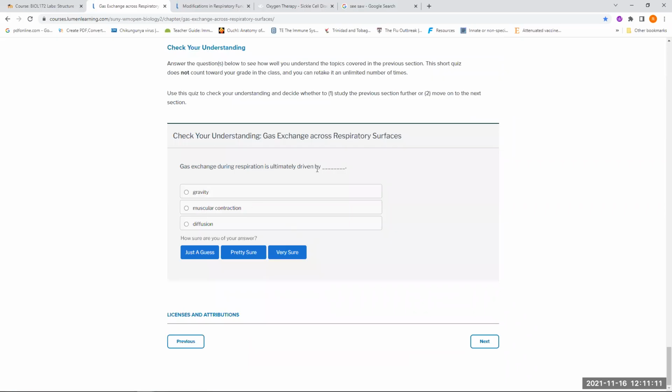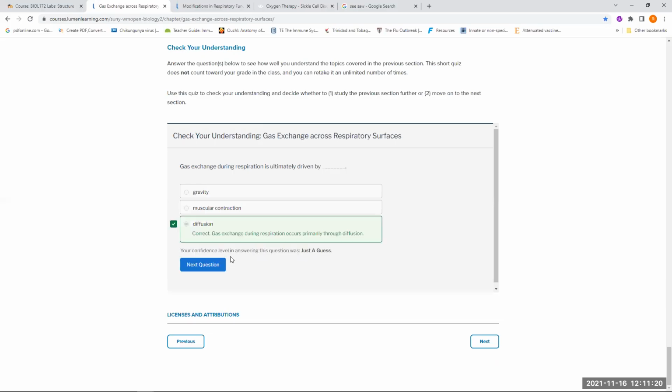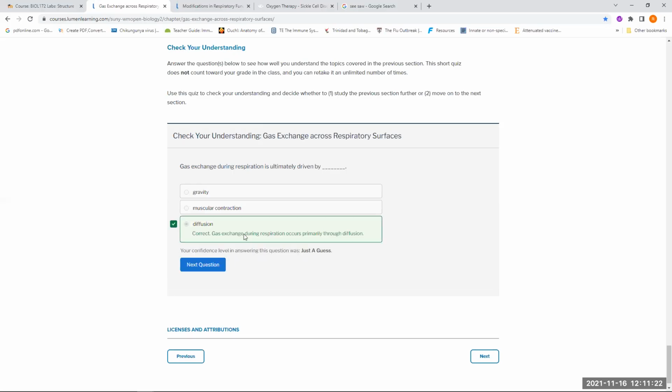Gas exchange is driven by which one of these? Ultimately, it is diffusion. So back to the question we were looking at just now. The movement of the gas doesn't involve any energy, right? In terms of how it moves at the level of the alveoli into the blood, and then from the blood into the tissue, that is by straight diffusion.